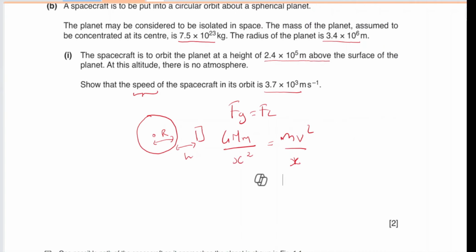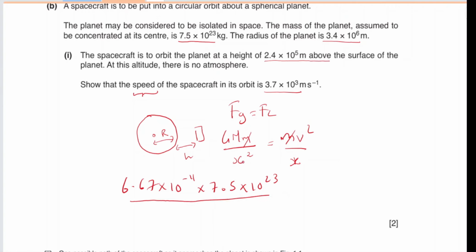So now we can just plug in the values, and g will be 6.671 times 10 power negative 11. We have the mass to be 7.5 times 10 power 23, and this m cancels out, so we don't need that. And this is equal to, so let me just do this, and between x square and x, you can see that this x over here will cancel out with one of the x here because it's x square and this is x, so this will just be x, right?